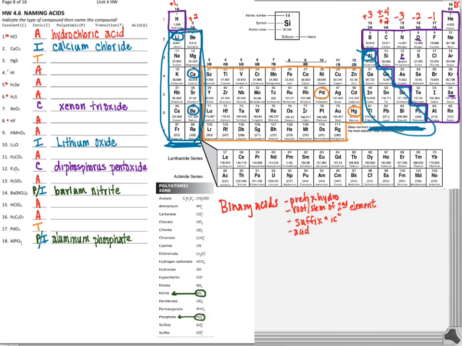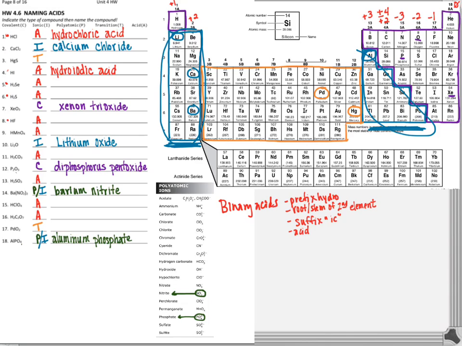Again, my prefix hydro. And then I look at my periodic table. That's a capital I, and that's for iodine. So that's going to be hydroiod, which is the root or the stem part for iodine. I'm going to change the ending to ic and add the word acid. Hydroiodic acid.